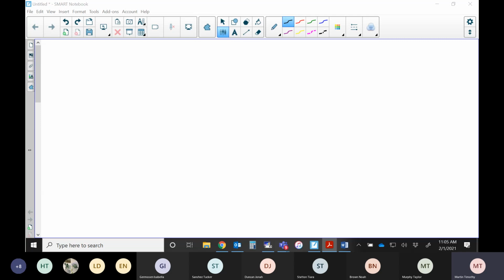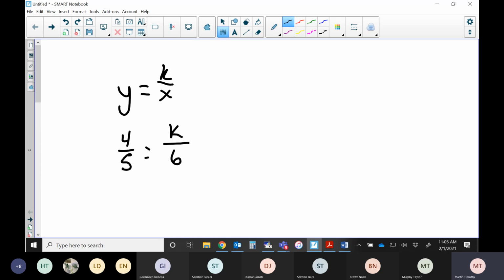So here's what I would do. As soon as I see the word inversely, it varies inversely, I know this is my formula. Since they gave me a y, I'm going to put it in here, and since they gave me an x, I'm going to put that in over here. My goal is to find this constant, so I got to get it by itself.